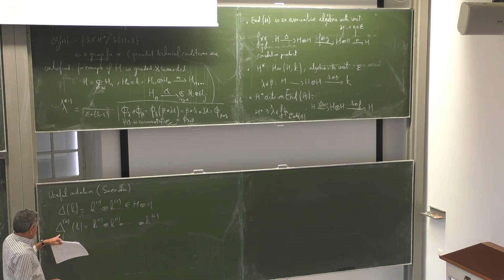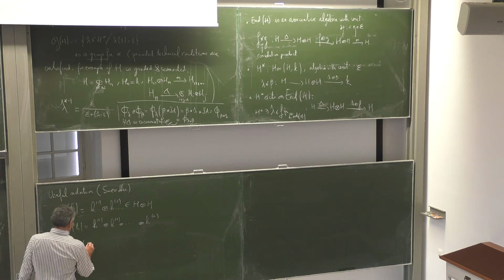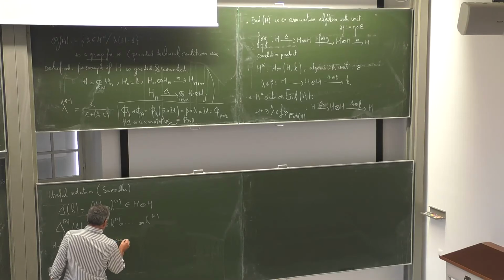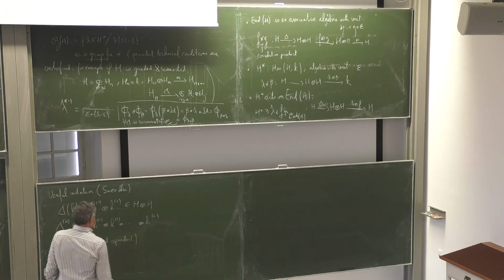For example, you would have to decide the way you go from H tensor n minus 1 to H tensor n applying the coproduct, but because it's co-associative, it doesn't matter where you let it act. So this notation makes sense, because there's no ambiguity on the way the iteration of the coproduct is defined.